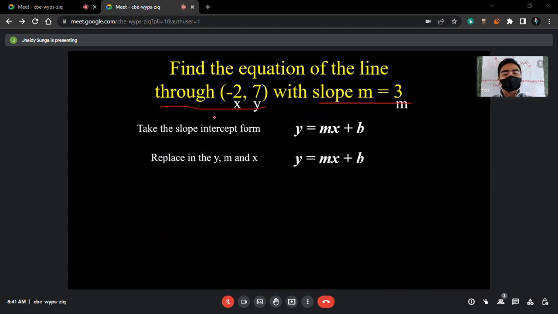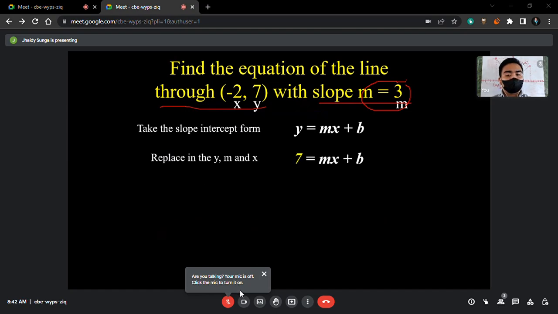Because last time, from your slope, you had the y-intercept, which was -3. But this time you have the point, which is -2 and 7. So what are you going to do is to replace or substitute.